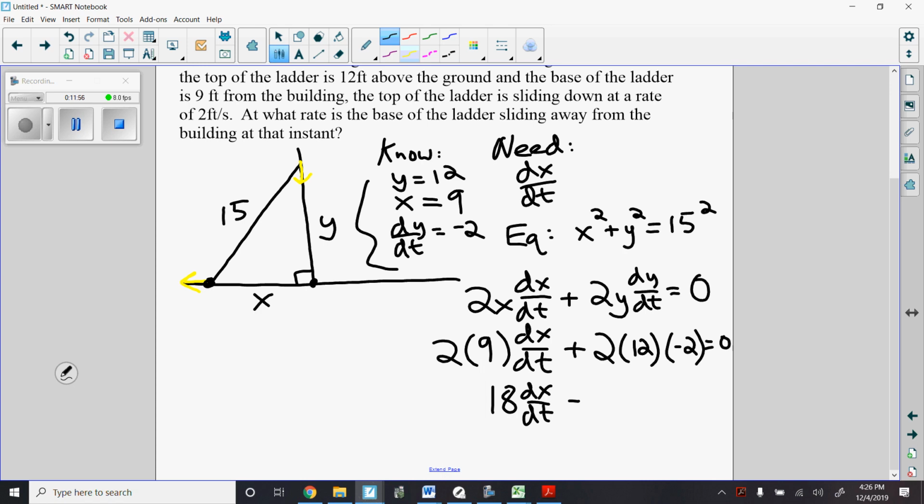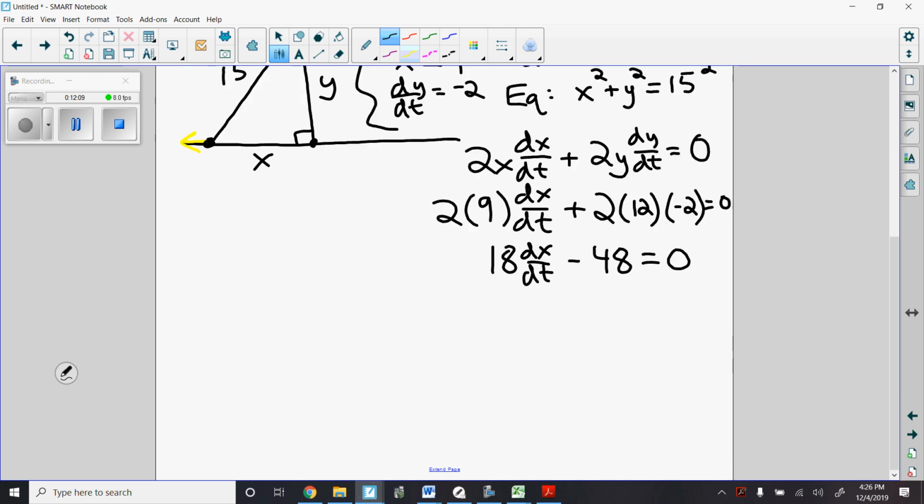So solving this out, I get 18 dx dt minus 2 times 2 is 4, 4 times 12 is 48, equals 0. I'm going to add over that 48 and divide by 18.